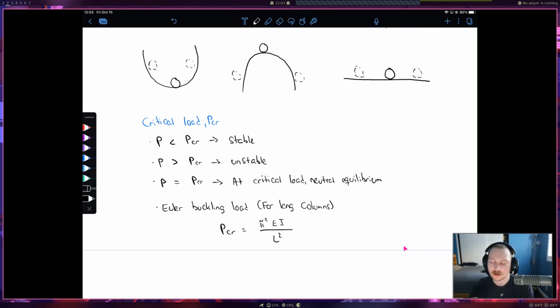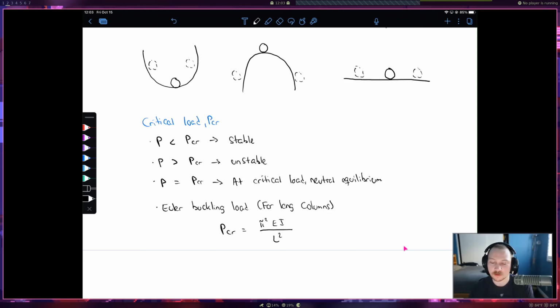So if I choose a different material that is more stiff, has a higher elastic modulus, I can increase our critical load. So we're going to need a higher load until we reach this critical load, which is implying that we're going to fail. So if you want to make sure that your column fails at a higher stress, then you can choose a different material.